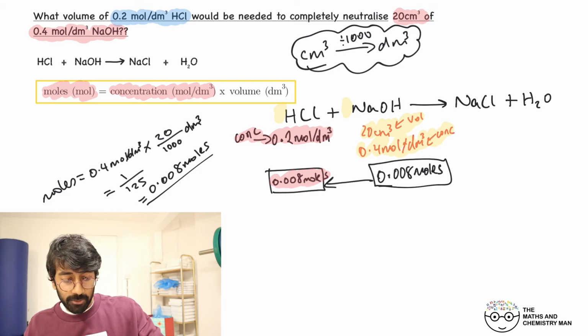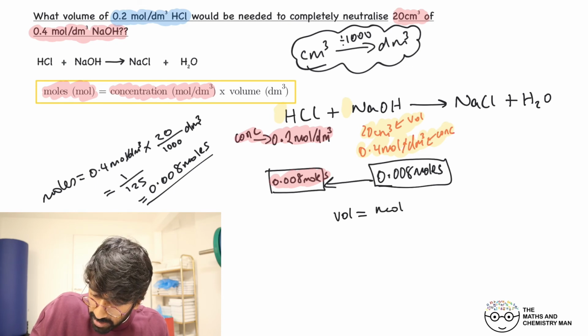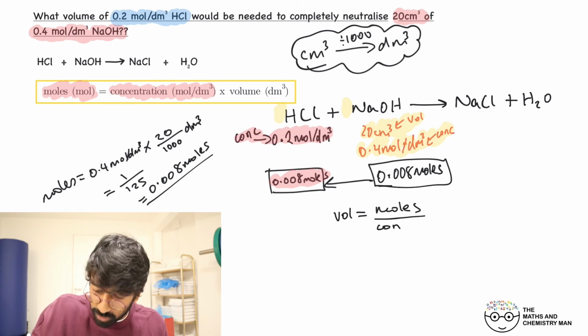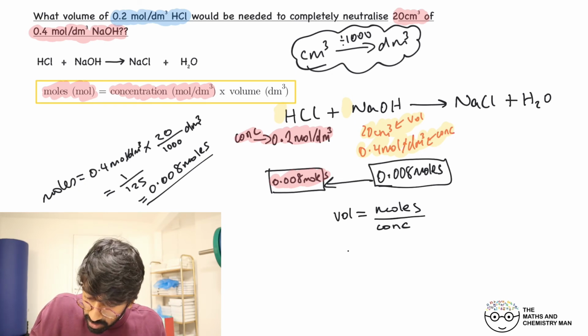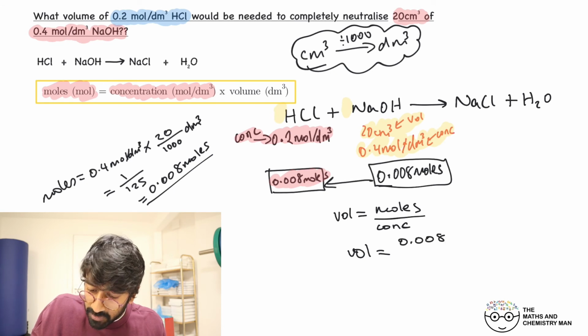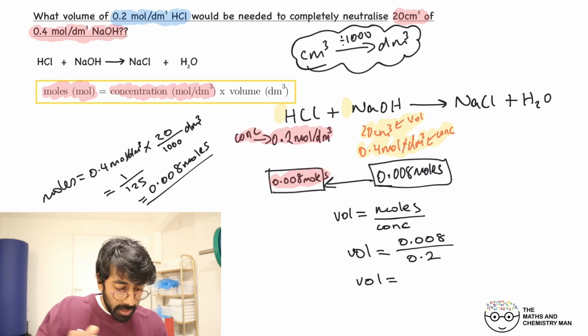So if we rearrange that formula, we're going to have volume is equal to moles divided by the concentration. Okay, let's use the numbers. Plug these in. Volume is equal to moles, which is 0.008, over the concentration, which is 0.2.